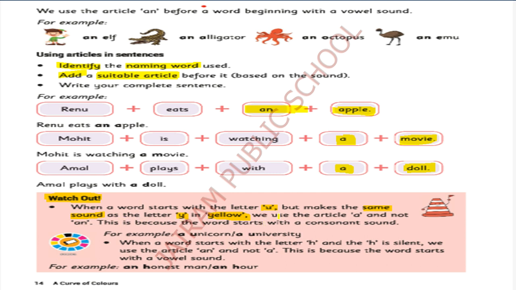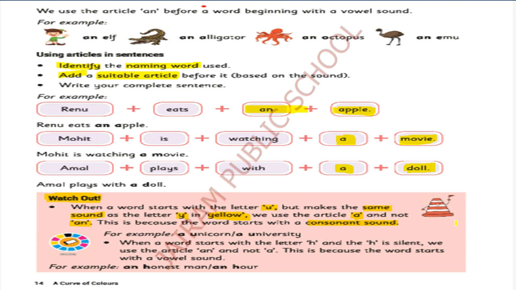When the Y sound comes, we use the article a. Why are we using the article a? Because it gives the sound of Y and not a vowel sound. We should not use the article an. This is because the word starts with a consonant sound, even though it starts with a vowel letter.